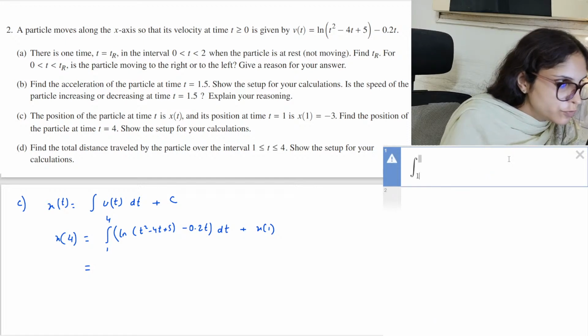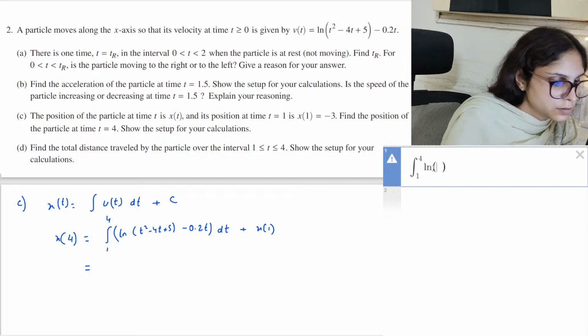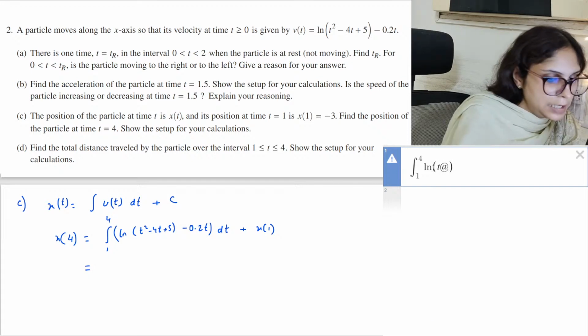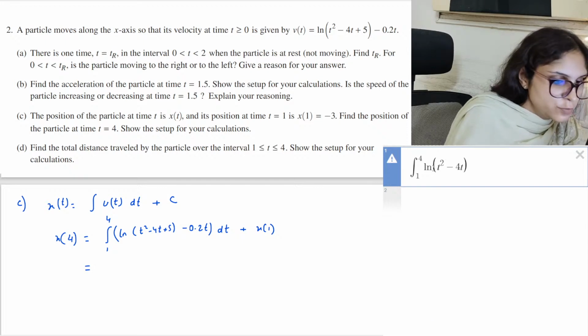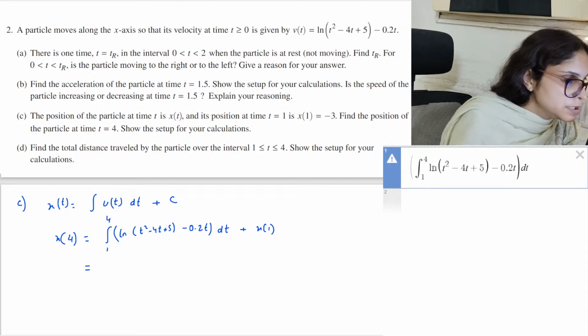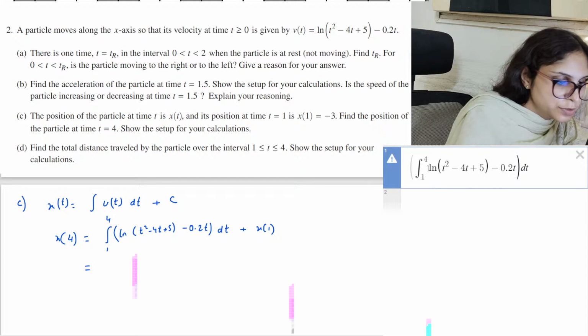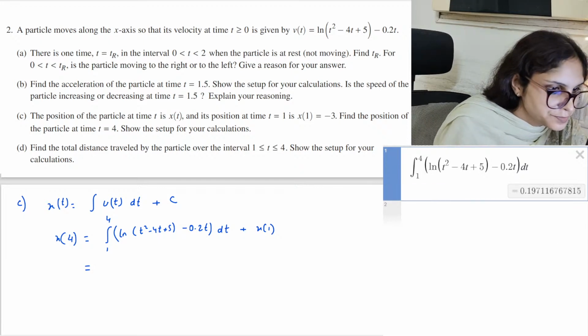So integral from 1 to 4 of ln t squared minus 4t plus 5 minus 0.2t dt, and I will put the parentheses over here. This is 0.197.